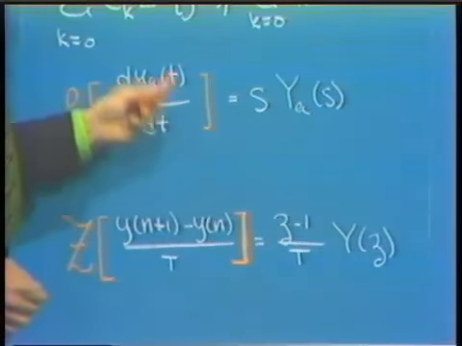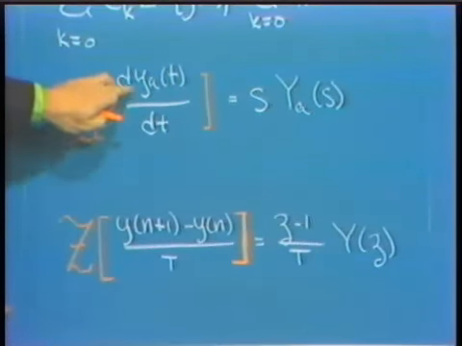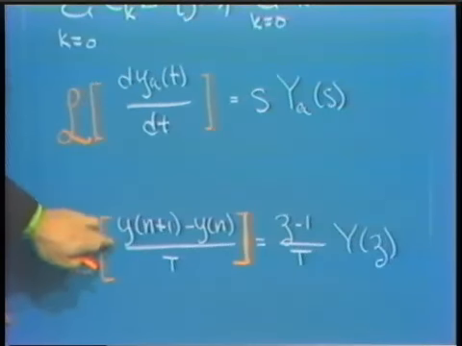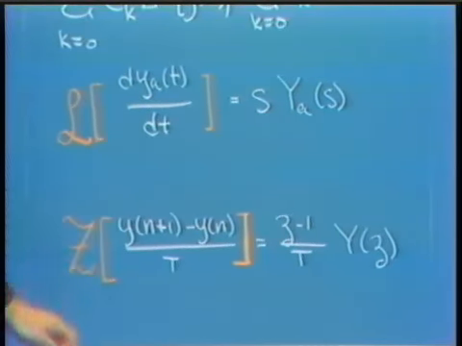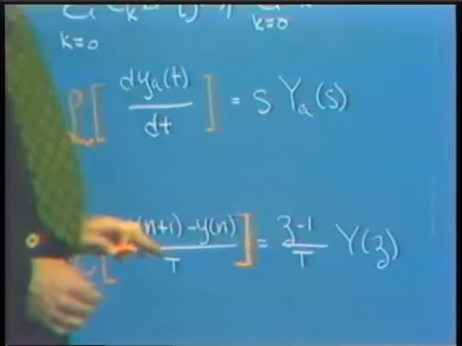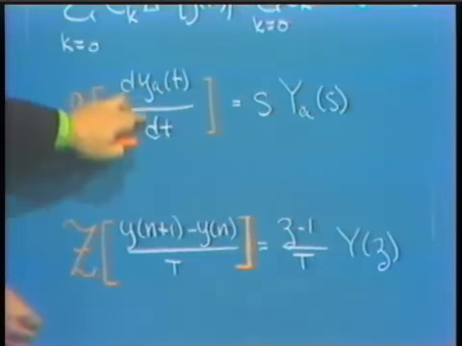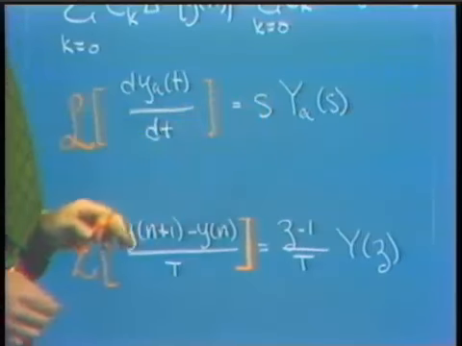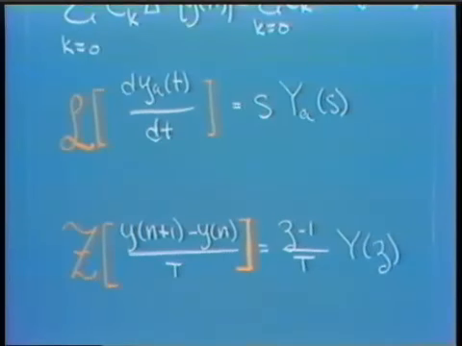And it's straightforward to show that, in fact, the kth forward difference corresponds to multiplying by z minus 1 over T to the k. And we know that the kth derivative corresponds to multiplication by s to the k.